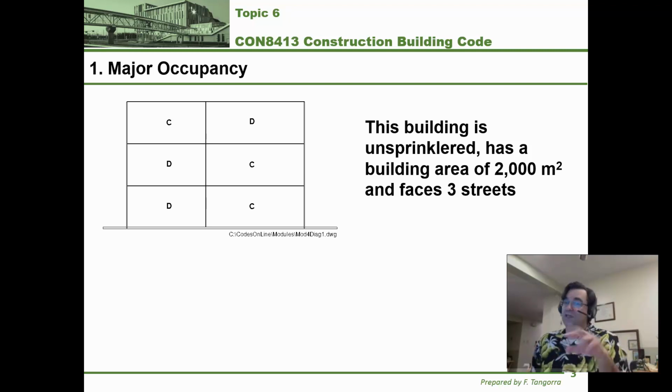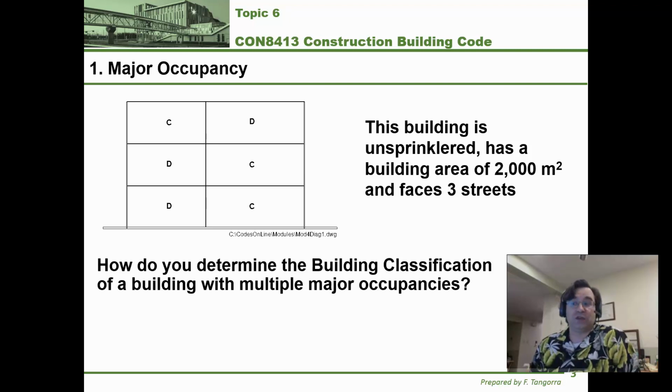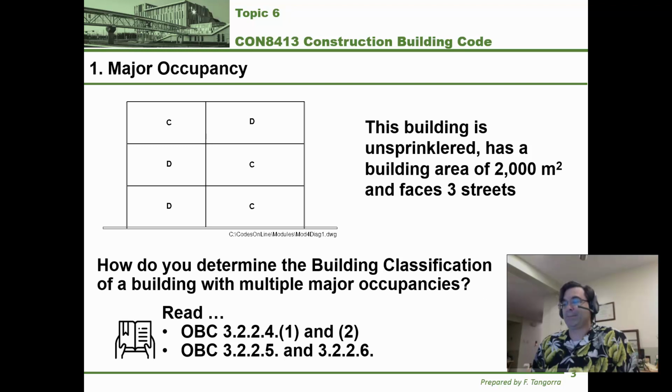So the building has 2 different occupancies in it. How do we figure out the classification of a building with more than one major occupancy? I put on the screen for you, and also wrote in your course notes, a number of references to check out in the building code.